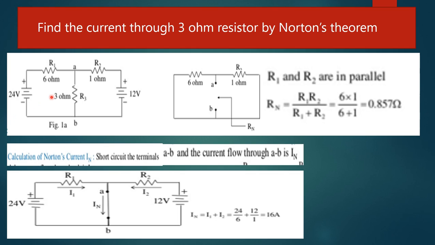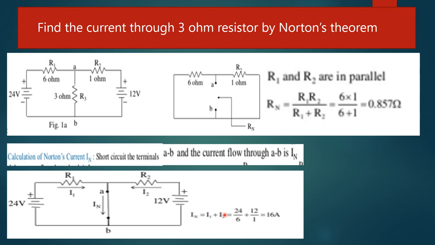And to find the short circuit current IN, we consider this circuit where this terminal is shorted. Say the current passing through it is IN, and also consider the current passing through R1 is I1 and through R2 is I2, so IN is equal to I1 plus I2.